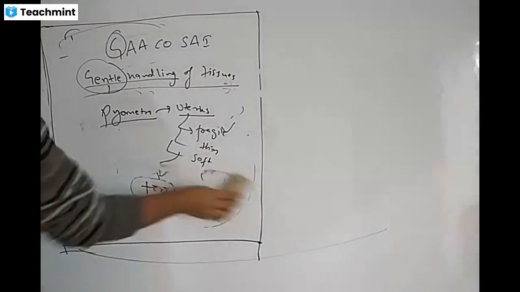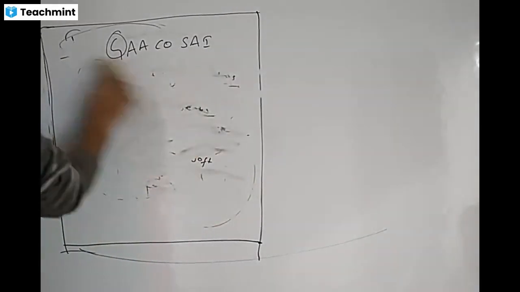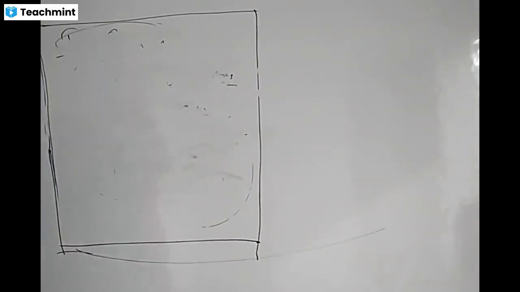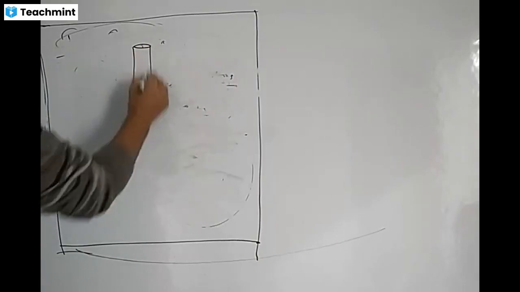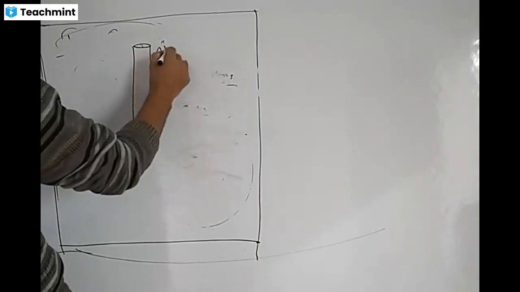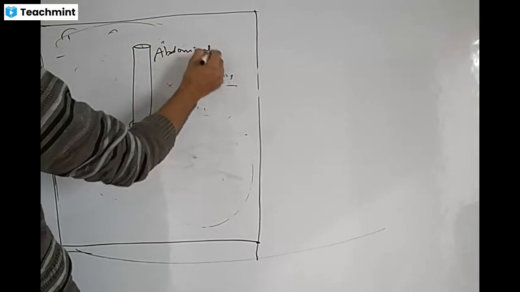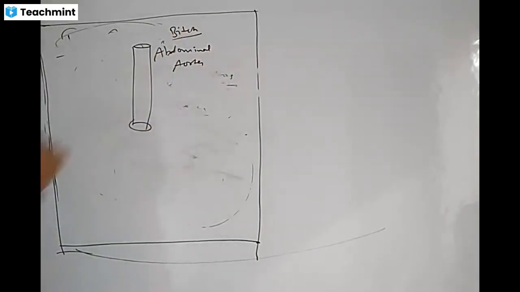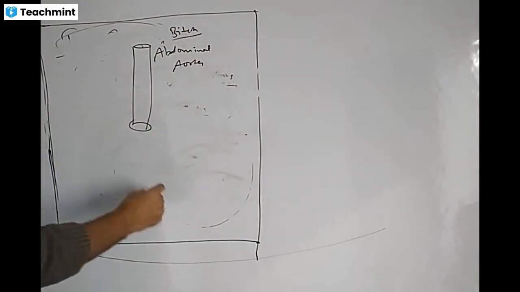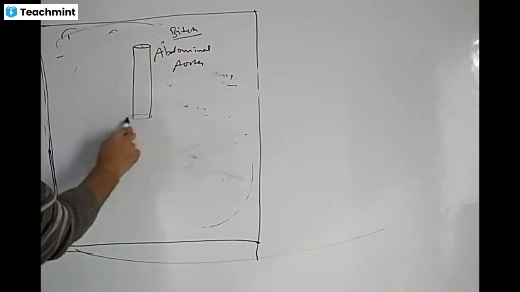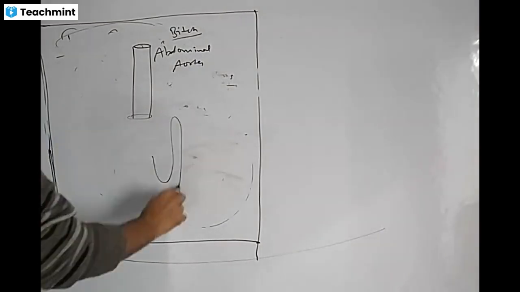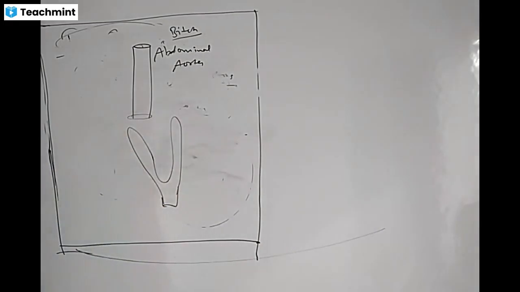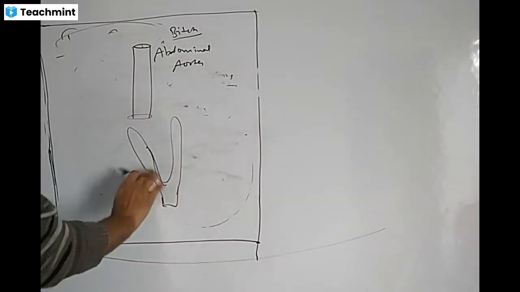Then what will be the consequences of this rough handling in case of pyometra? Suppose this is the abdominal aorta in the bitch having pyometra. The reproductive tract of the bitch is V-shaped.